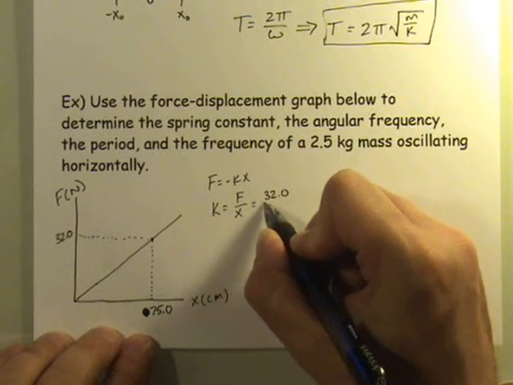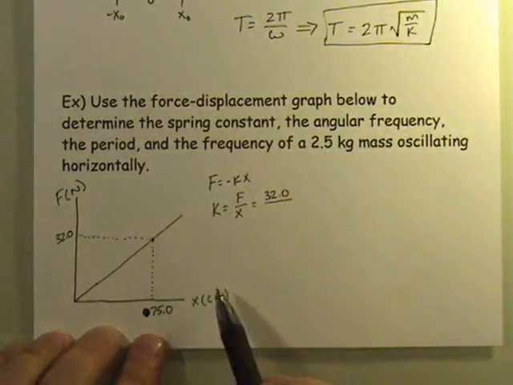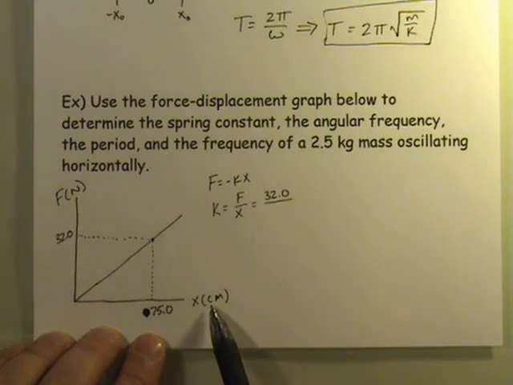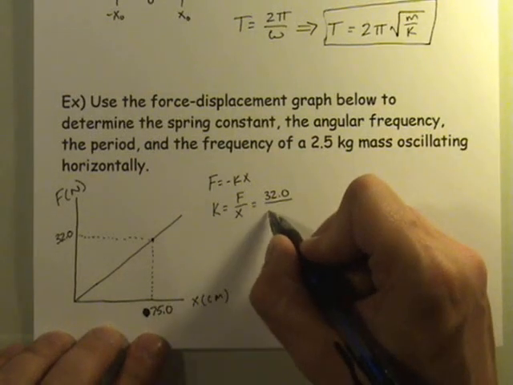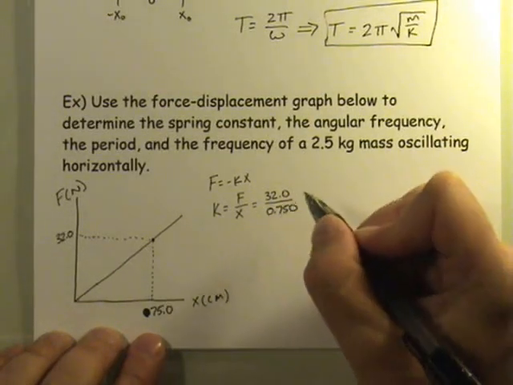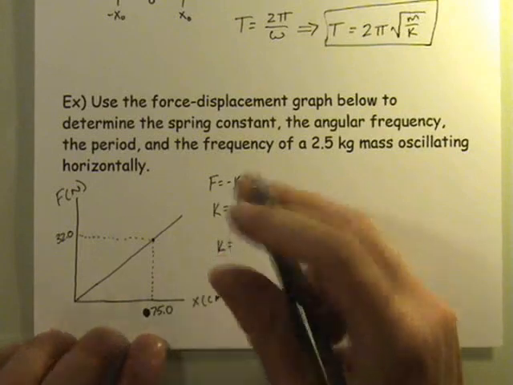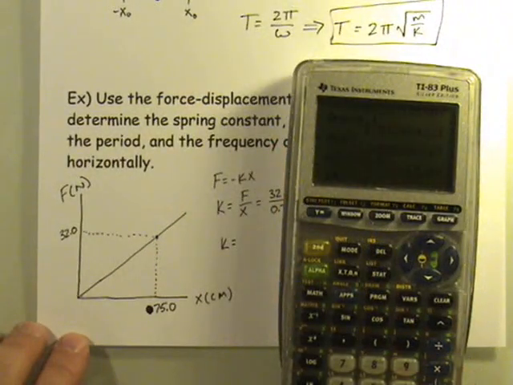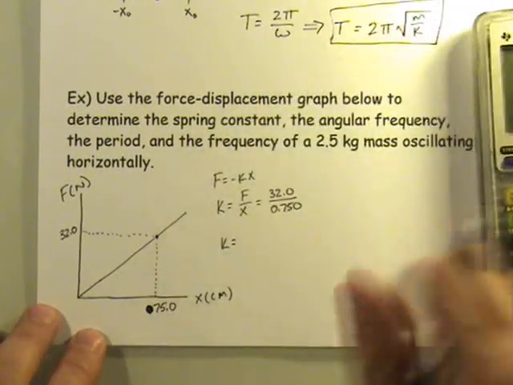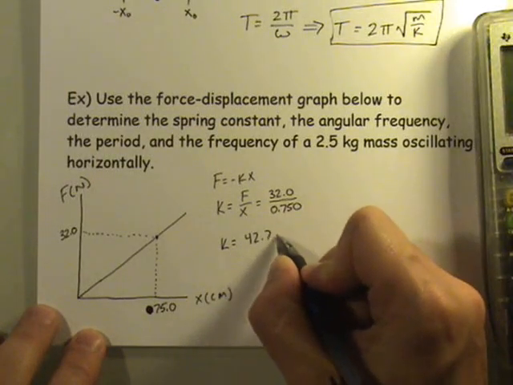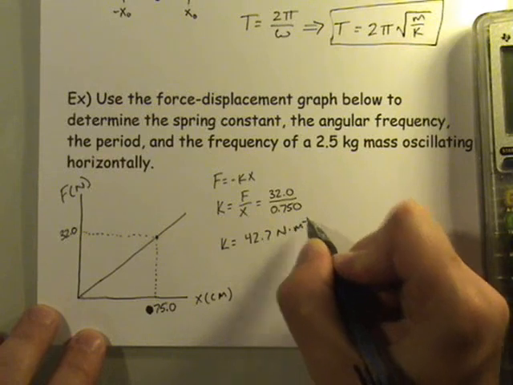So any point along this graph is going to allow you to calculate the spring constant, which in this case is 32.0 divided by, now realize that the displacement must be in meters. So we're going to turn that into meters, 0.750, to give us a k value of 42.7, and that would be newtons per meter.